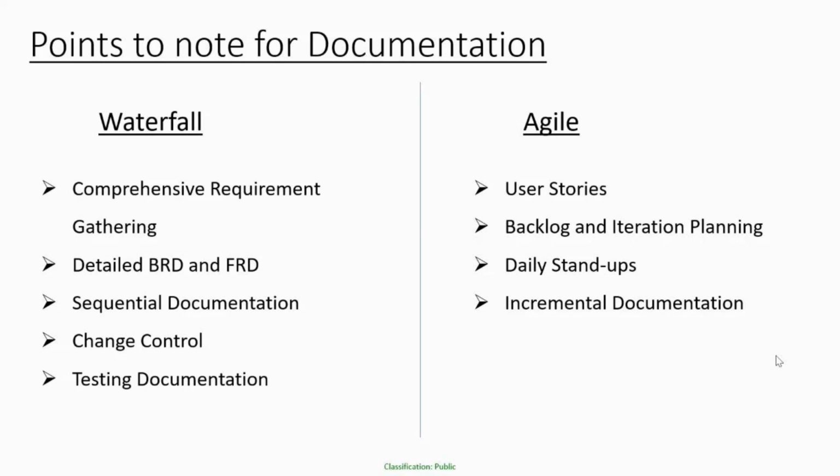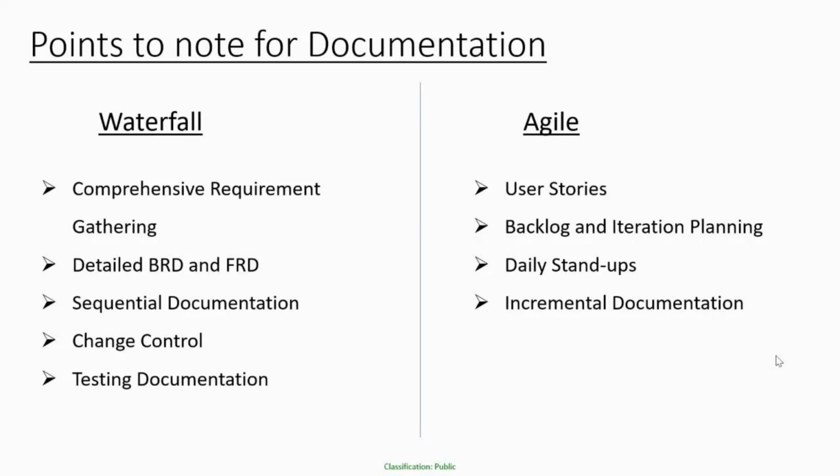Incremental documentation is something Agile encourages, which is just in time. You prepare documentation right now for the next 2 weeks, then you add on to it, and that will be picked up in the next 2 weeks, and so on. So documentation of requirements is a never-ending process, if you look at it.